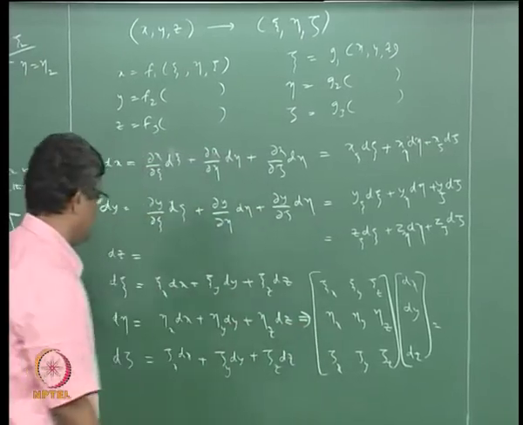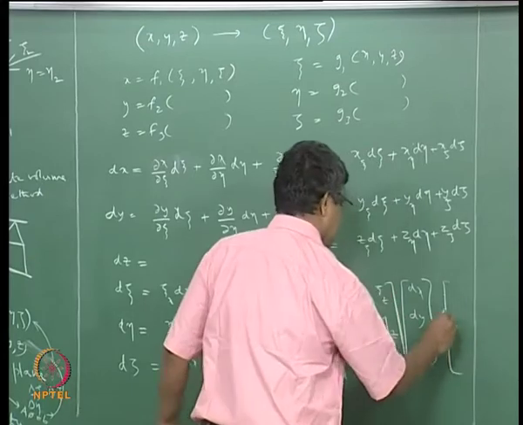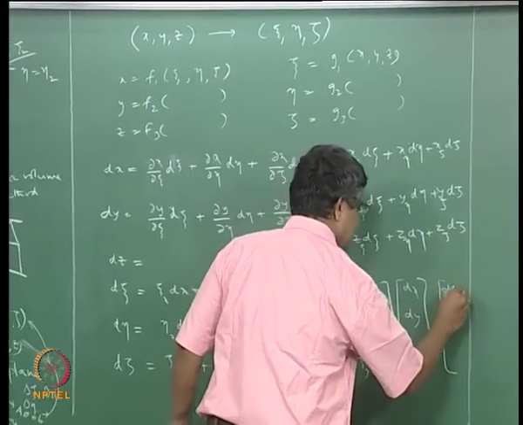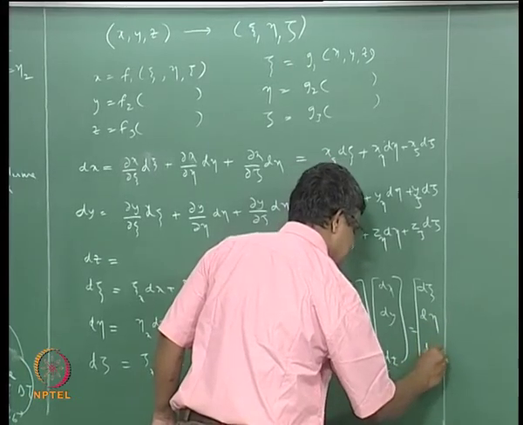So we can combine all these things here and say that this is equal to d psi, d eta, and d zeta.